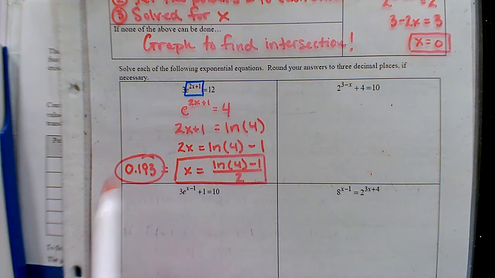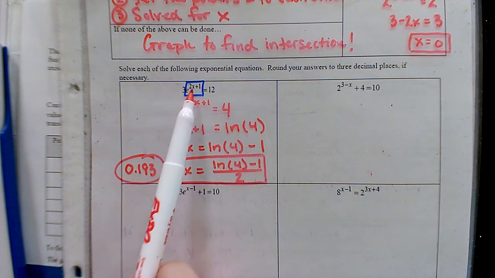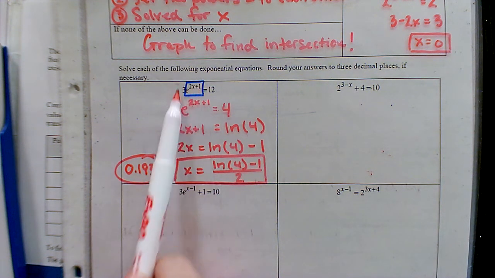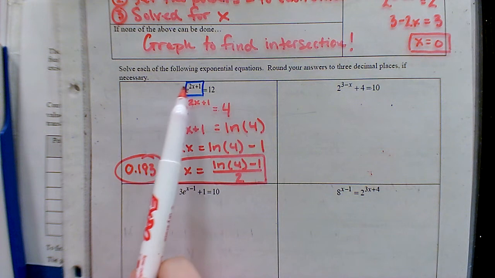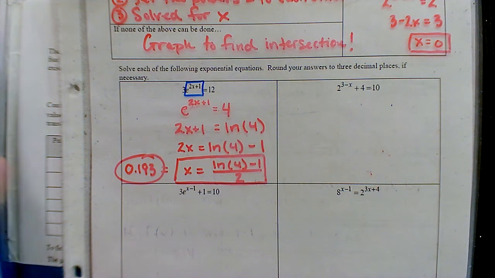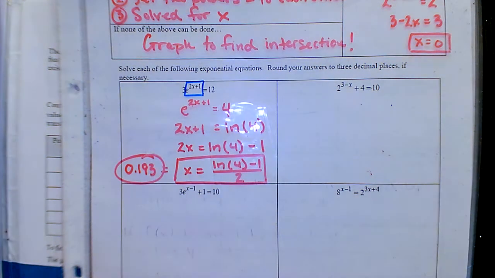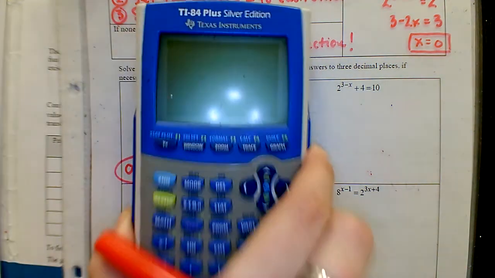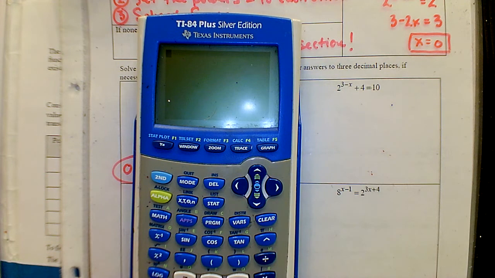All right, you can always check your work. You can take that decimal value, plug it back in for x, type the left-hand side into your calculator, and hopefully you get something close to 12. Do we want to try it or do we trust ourselves? You want to try it? Let's do it. We don't have to do all of them, but at least we'll get in the habit of maybe checking a few.